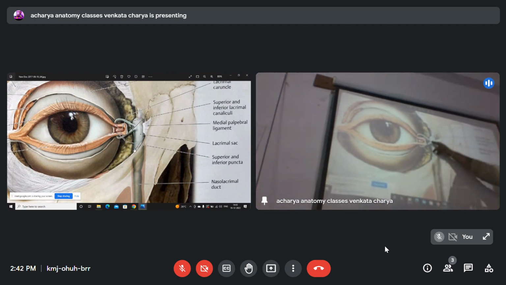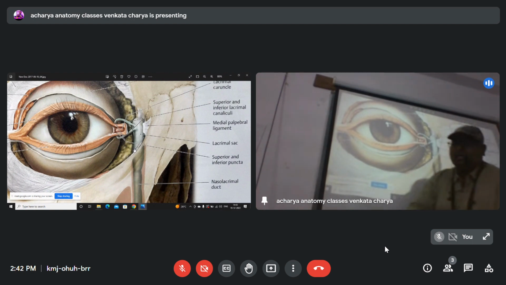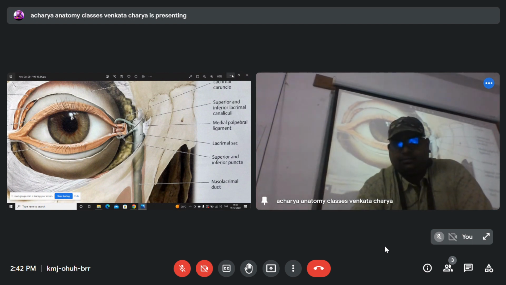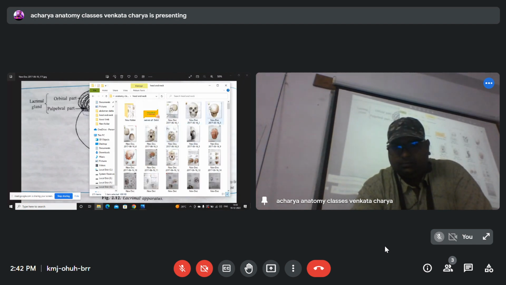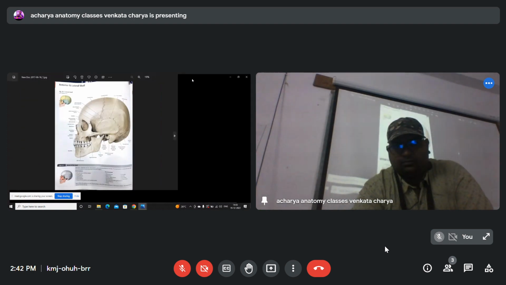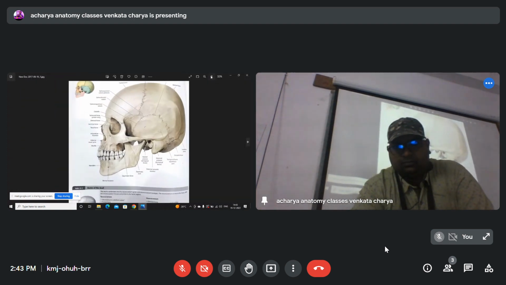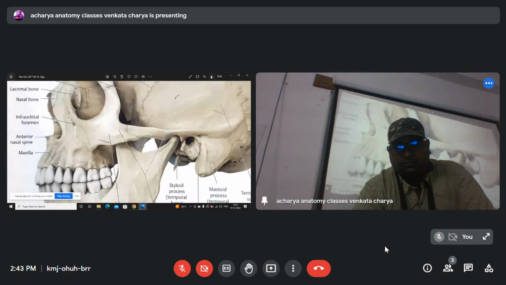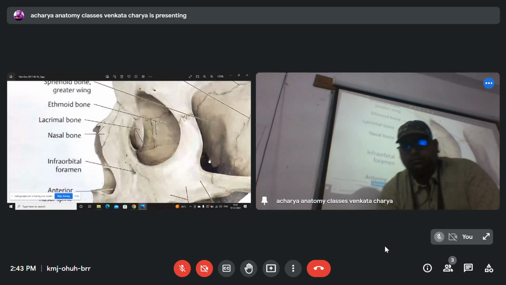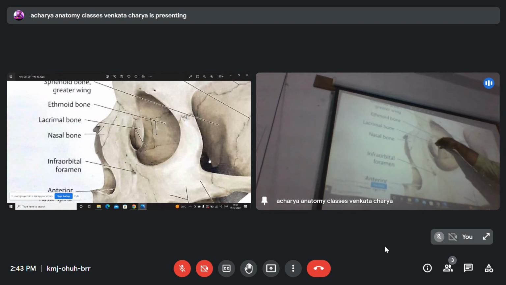The sac is here, in the lacrimal canal. This one is the lacrimal canal. The sac is present here, and through the nasolacrimal duct it passes downwards. Are you getting it? So it opens into the inferior meatus. Next.